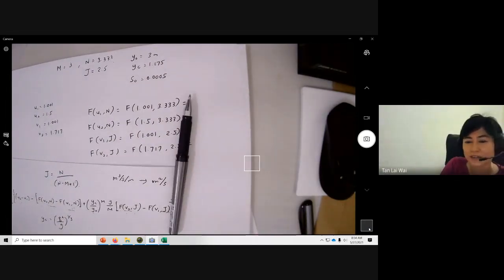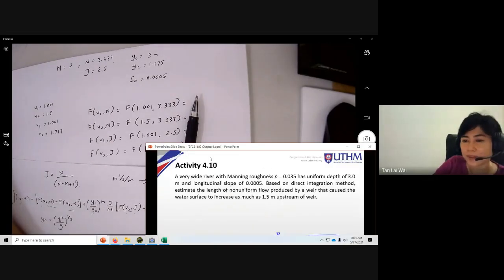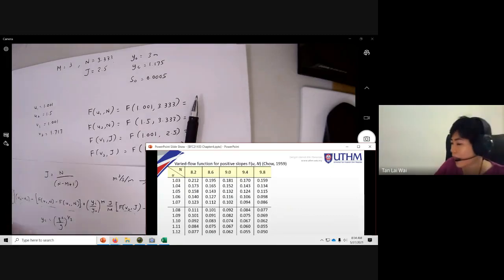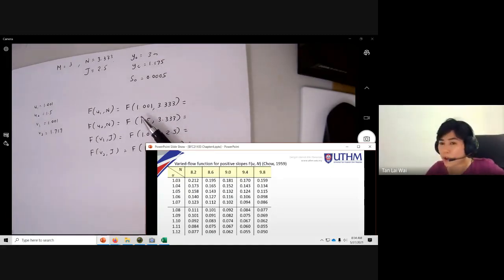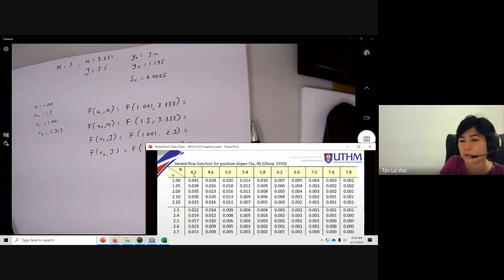Now let's look at our table here. I want to find for 1.001 U and 3.33. Look at this, the N, if you look at the PowerPoint slide, N is 3.2. So you need to go up.